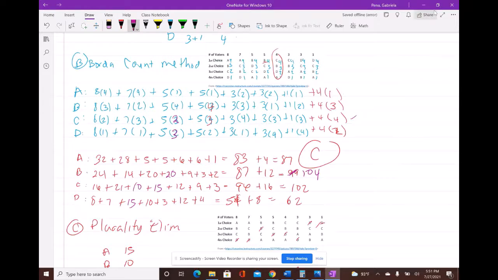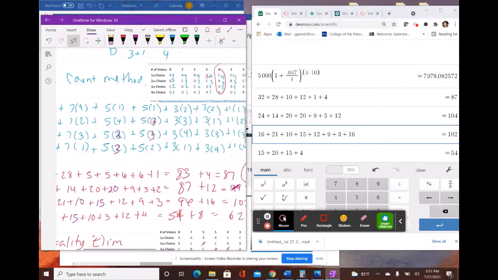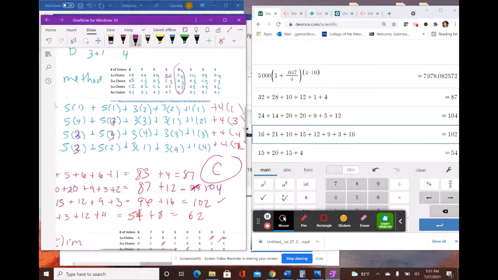All right, let me minimize this. 16, 21, 10, 15, 12, 9, and 16. That is 102. So here is 102.